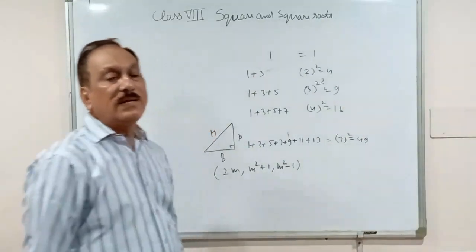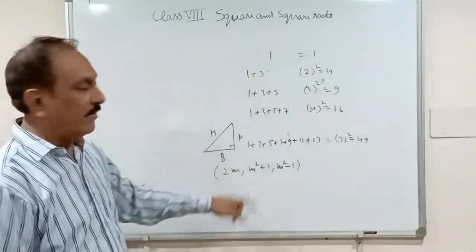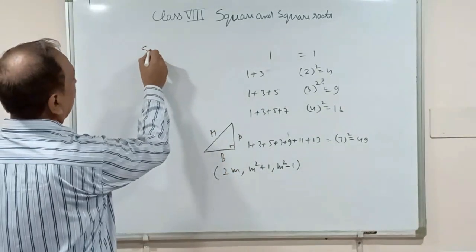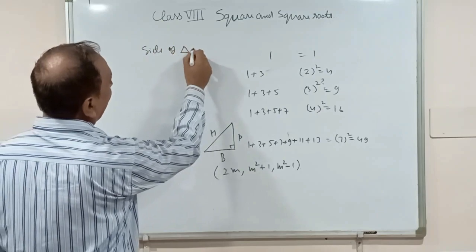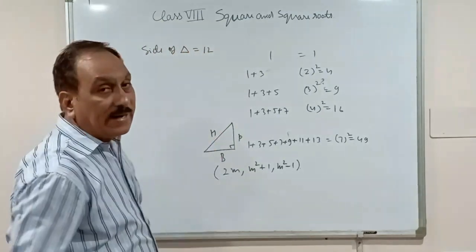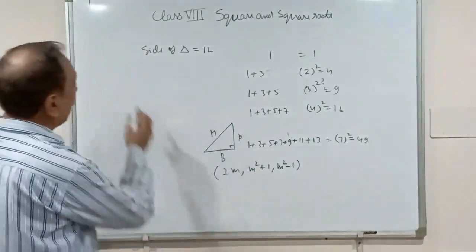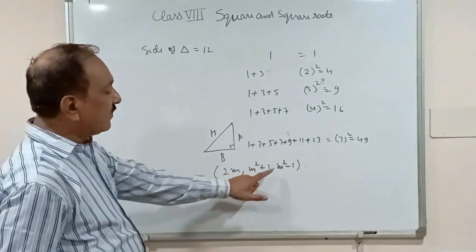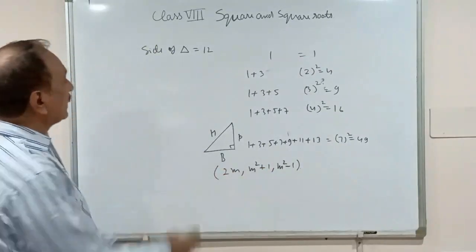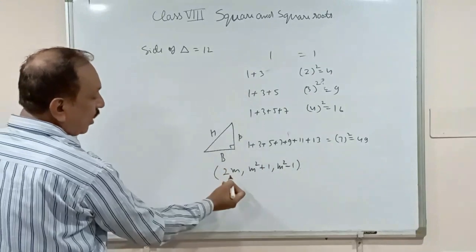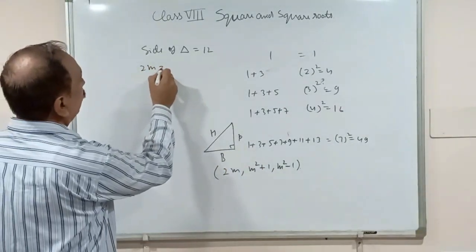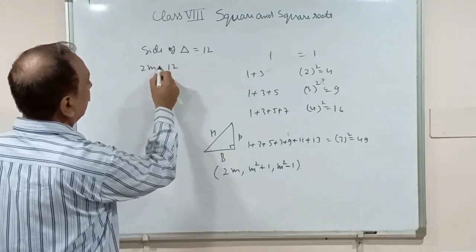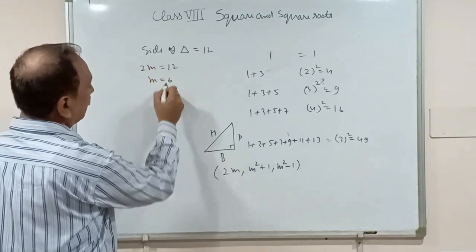Let side of one right angle triangle is 12. Find other sides. Okay. Sides are 2m, m square plus 1 and m square minus 1. Let 2m, side is 12. According to our formula, this is 2m. 2m is 12. m is 6.